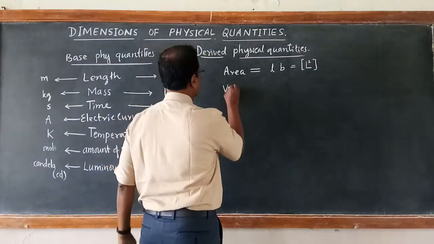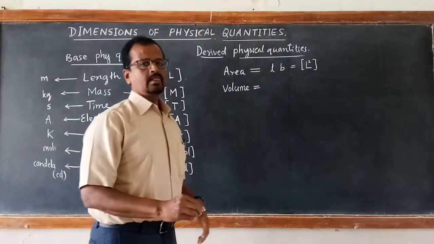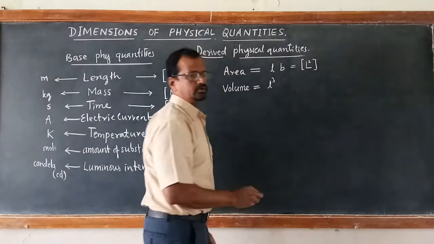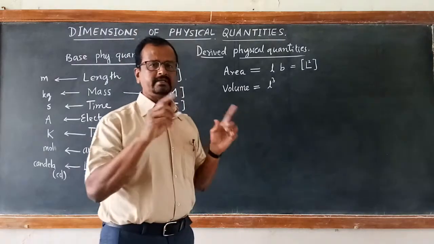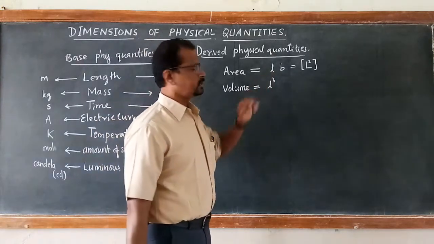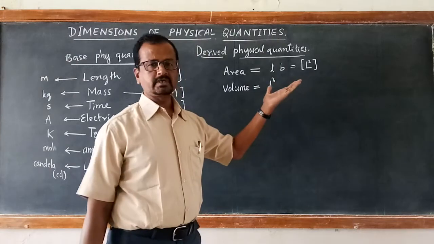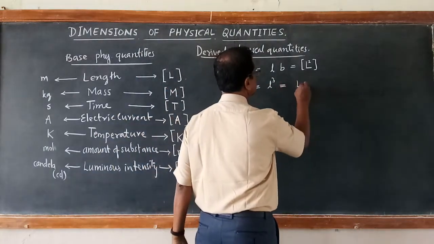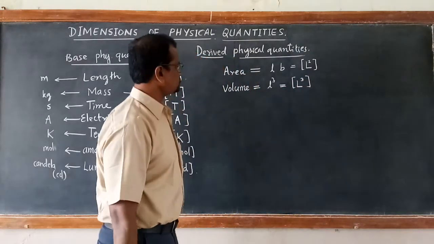Now next, volume. Volume is expressed as cube of L, if it is a cube, or if it is a cuboid, L into B into H. So dimension of length is capital L, dimension of breadth is also capital L, dimension of height is also capital L. So it is written as L cube in the square bracket.